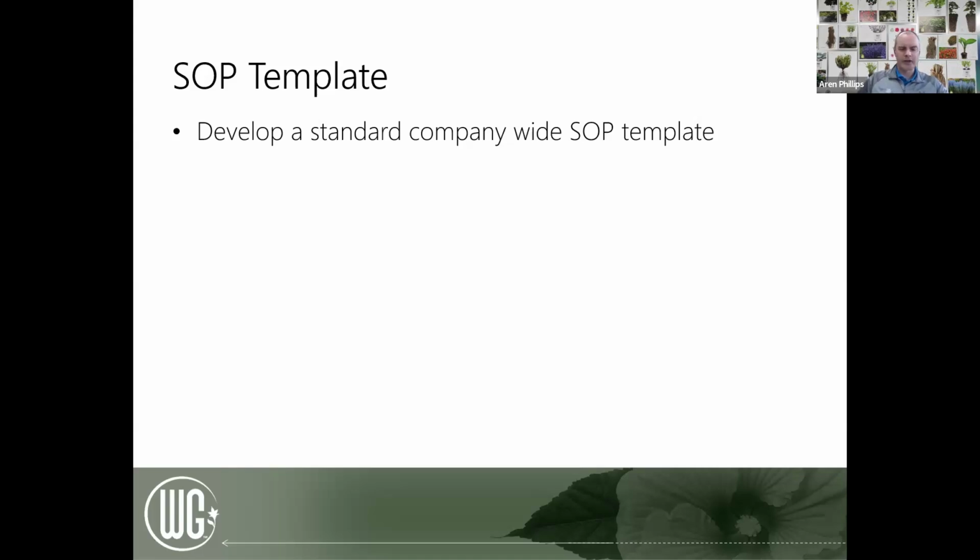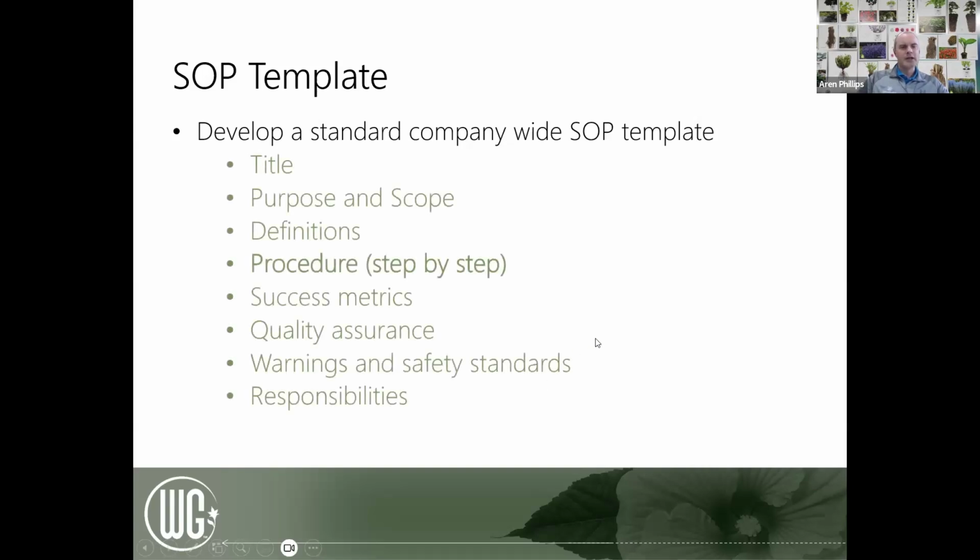This was from the executive team, HR, some of the managers across the company. They came up with a standard SOP, and I'll show you what it is in a little bit. There's a few different things you can include in an SOP. You want your title, of course, purpose, scope, definitions, but you really want to focus on the procedure, the standard operating procedure, right?